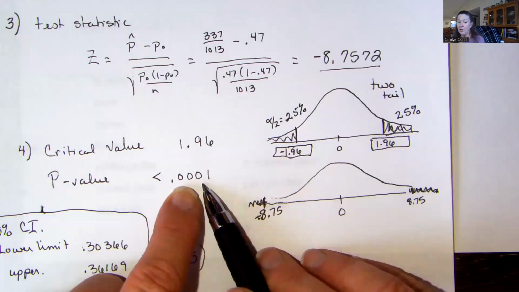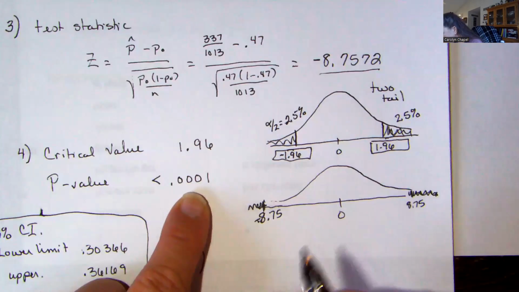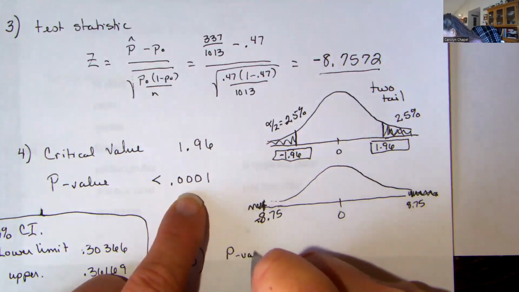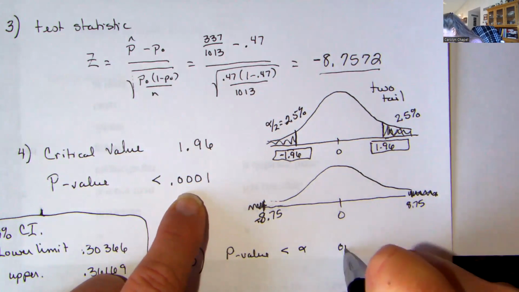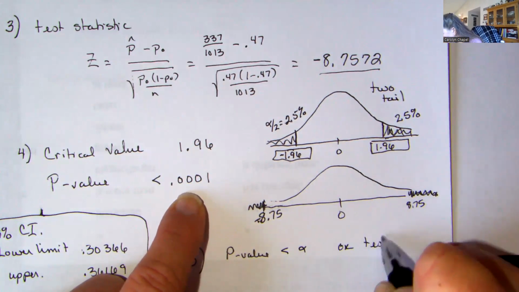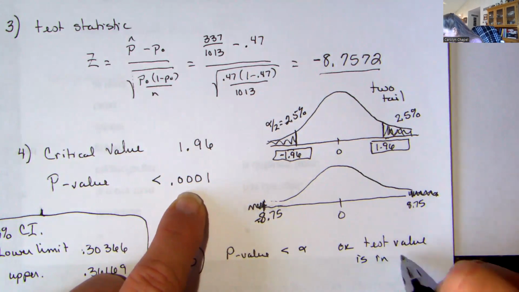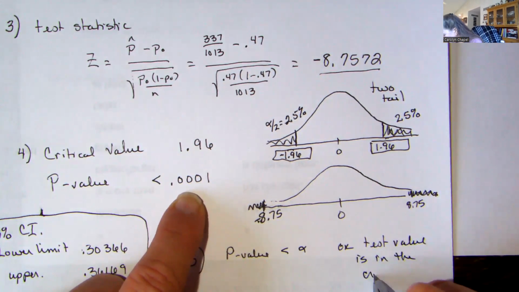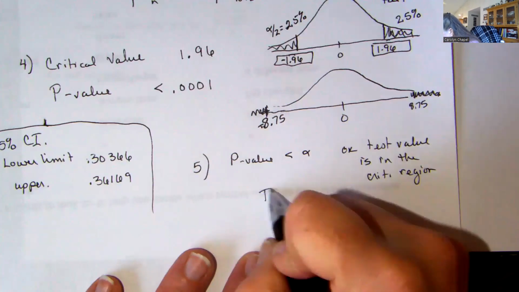Well, this number is smaller than this, which is obviously smaller than 0.05. It is smaller than our alpha, or our test value is in the critical region. So we will reject.